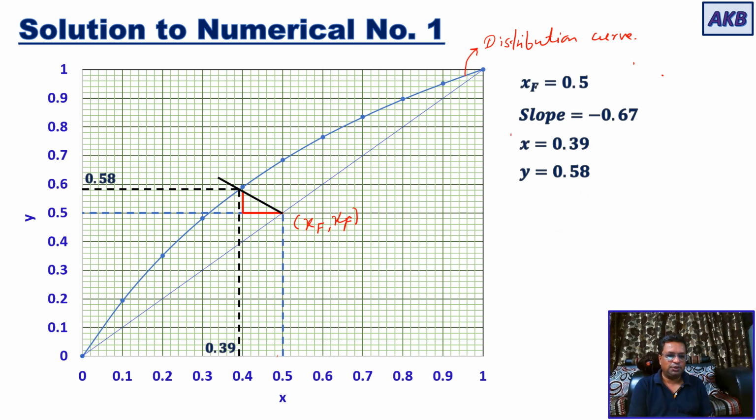So x equal to 0.39 is the composition of the resulting liquid, and y equal to 0.58 is the composition of the resulting vapor. In this way you can solve numericals like this by plotting the operating line. Now we will discuss how to get these values, x equal to 0.39 and y equal to 0.58, without plotting the graph.